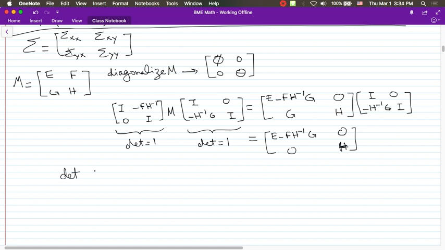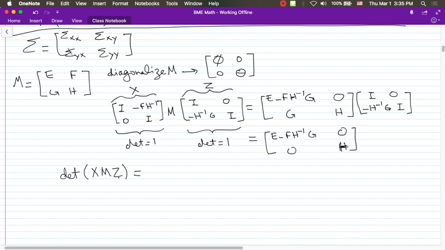What's the determinant of my system? Well, the determinant of this guy, let's call this matrix X, let's call this matrix Z. So the determinant of X, M, Z, the determinant of three matrices multiplied by each other, is the determinant of the first one, second one, third one.